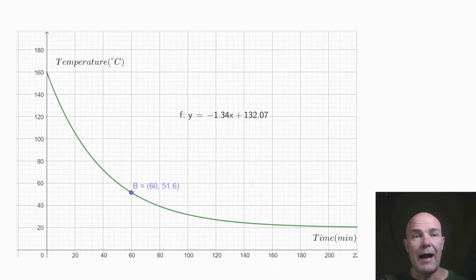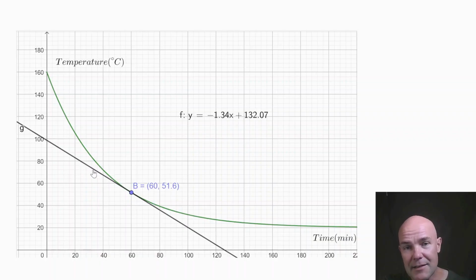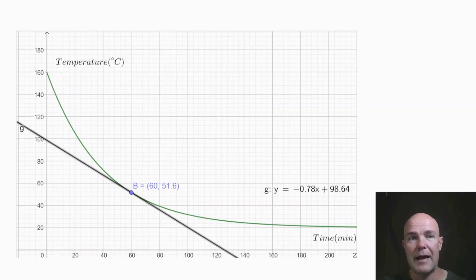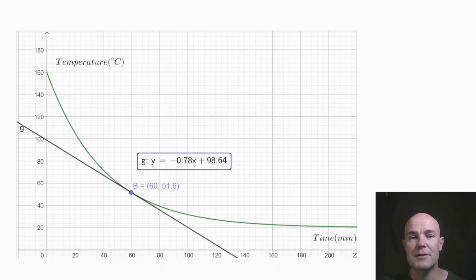If I add something called a tangent line going through this point, we can see this tangent line is touching the curve only at this 1 point. And here is the equation for the tangent line going through this 1 point. What we are interested in again is the gradient of this tangent.